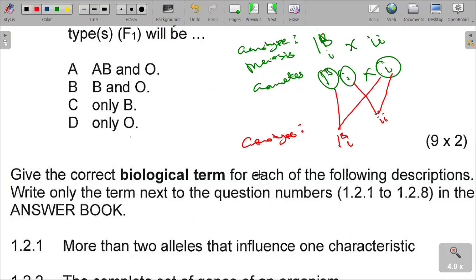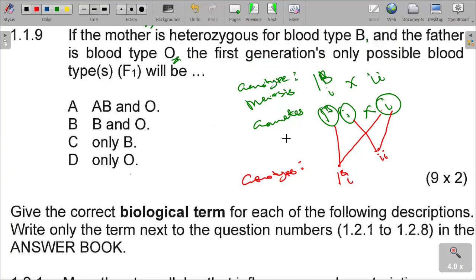Let's look at the question. The question is saying the first generation's only possible blood type is going to be what? We can't have A, we don't have A there. We can't have B only, because there is O here, and it can't be O only.